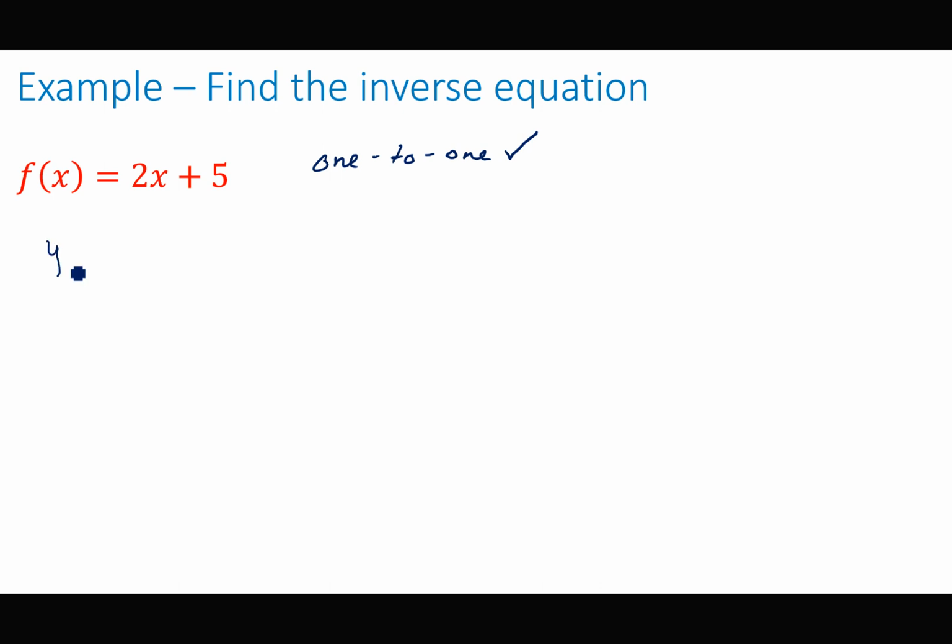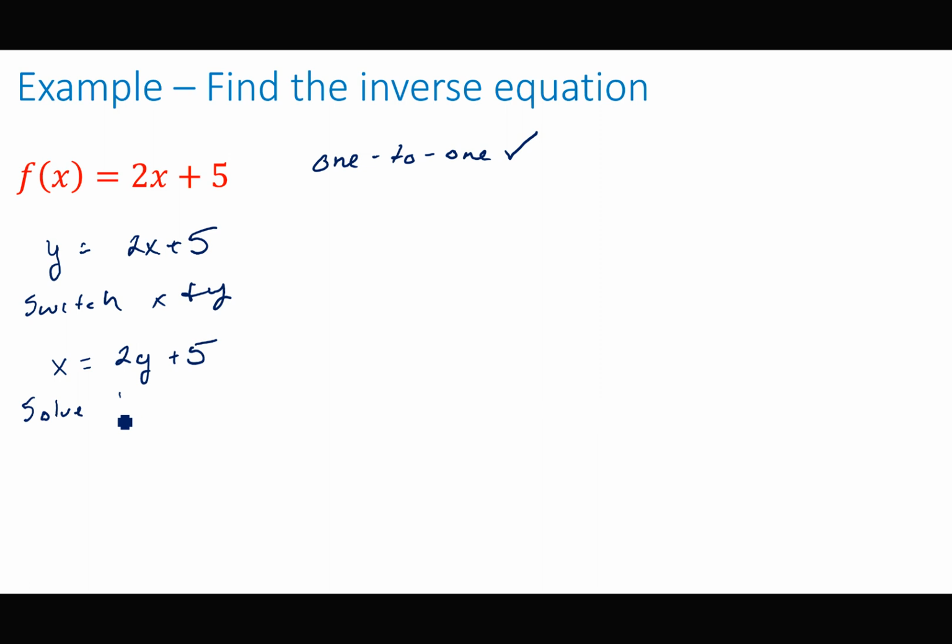Okay, so really this is y equals 2x plus 5. If we want to find the inverse, this is where we switch the x and y. So now I would rewrite this as x equals 2y plus 5. So first step was switch x and y.